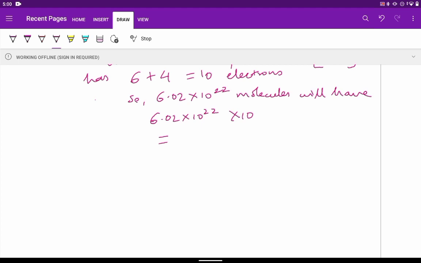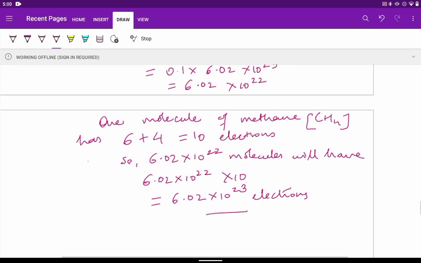That is equal to how much? 6.02 into 10 to the power 23 electrons. So this is the total number of electrons, 6.02 into 10 to the power 23 electrons.